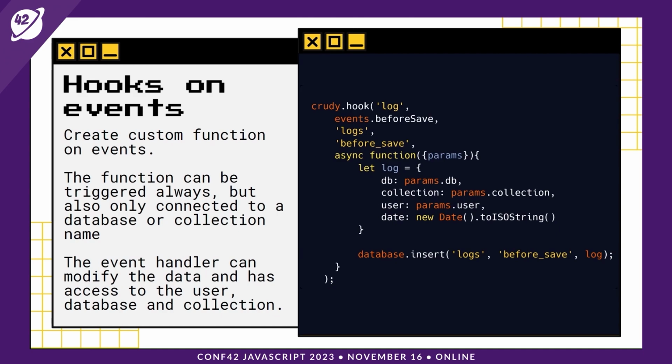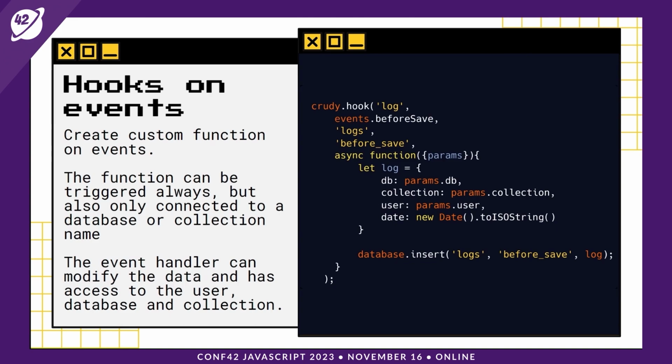Let's say you are taking the billing information for your customer, you might want to use a service to validate their billing data. You can use this validation in the before save hook, and if the data are valid, you can allow the user to write. But if the data are not valid, you can throw an error, and the error will be in the response when the user makes the request.